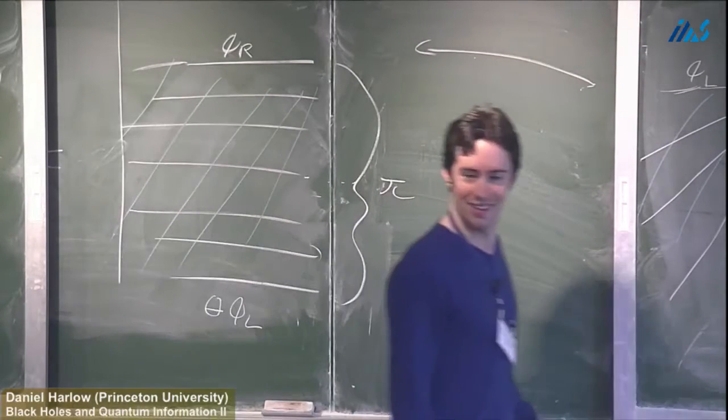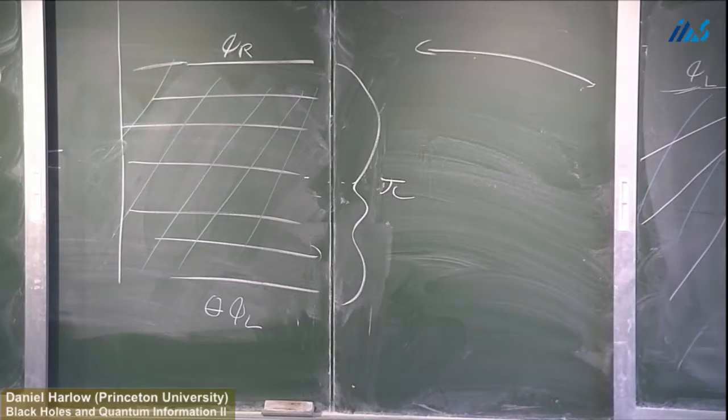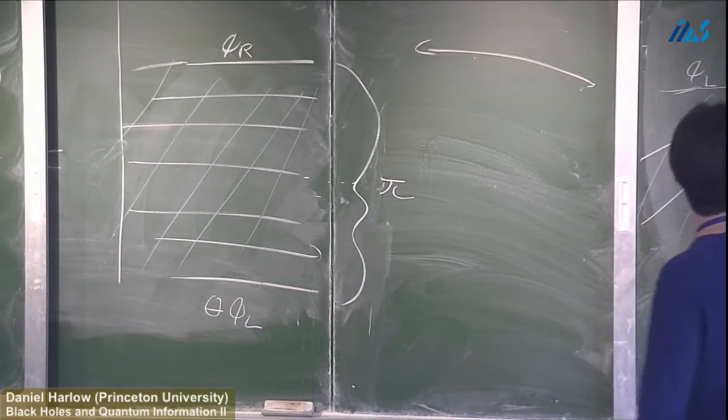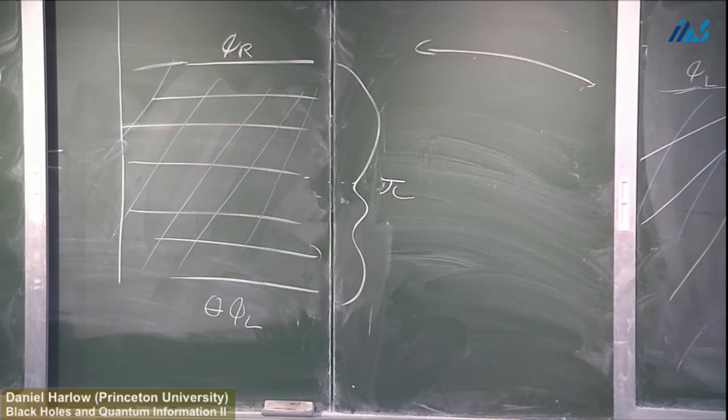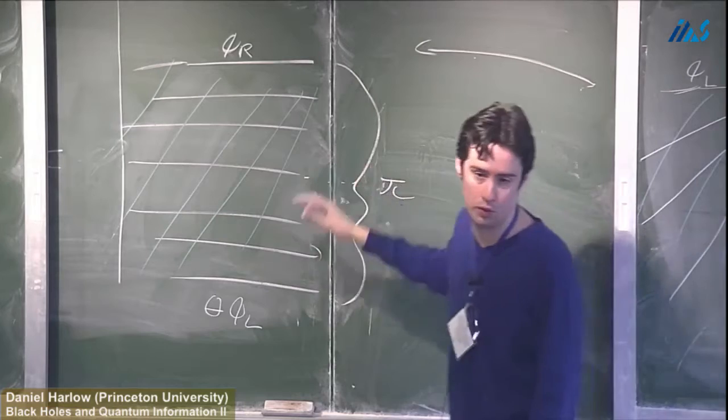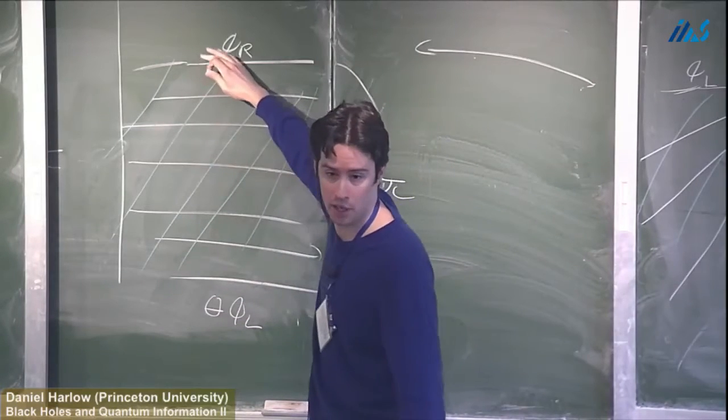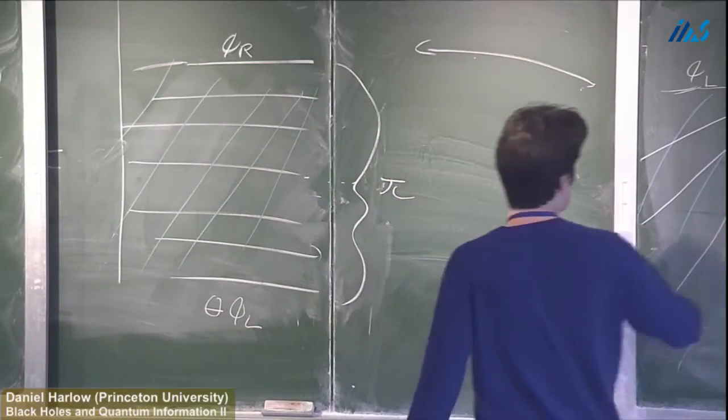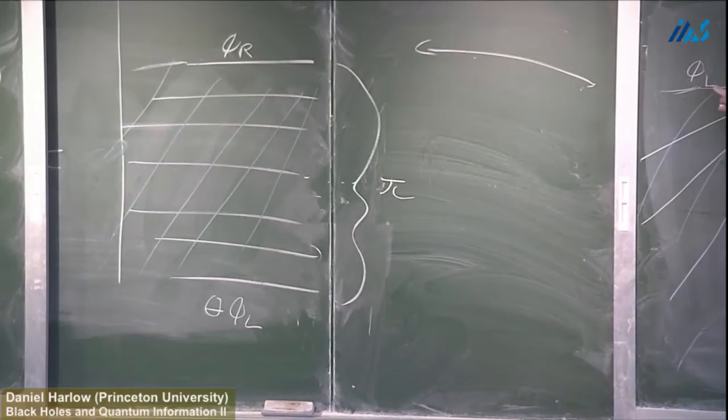Sorry, what do you mean phi L? Should that final state just be phi L, and then the intermediate state's like a linear combination? Yeah. So phi right is this half here. It's some field configuration for the right Rindler wedge. So that's what's on top now. Phi left was the field configuration for the left Rindler wedge that I had here.